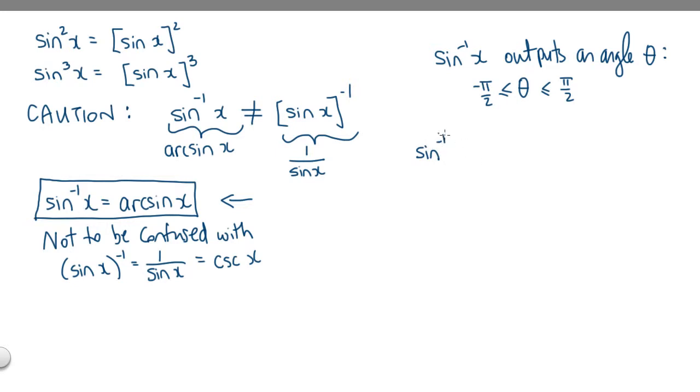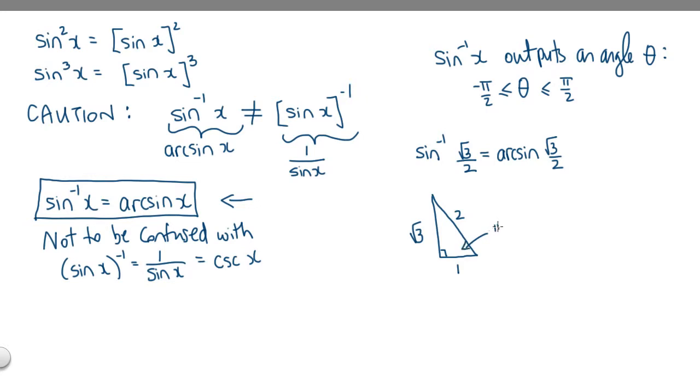Let's say we wanted to figure out arcsine of √3/2. In terms of notation, that's the same thing as writing it out in words. So arcsine √3/2. And let's see if we can draw one of our special triangles here and figure out this value. So we'll go down to our 1, √3, 2 triangle.